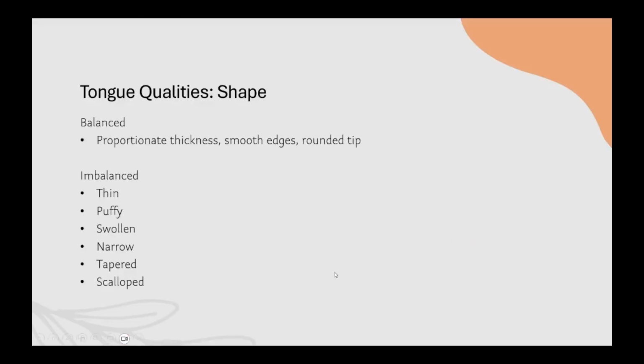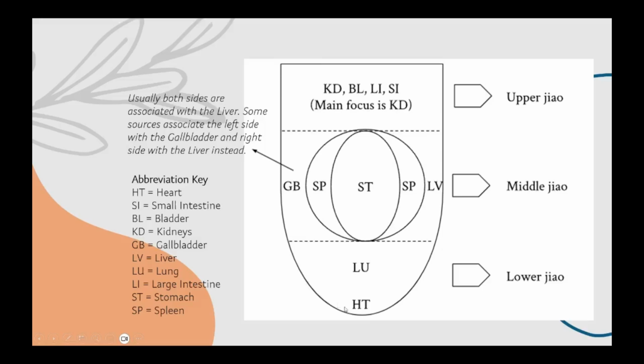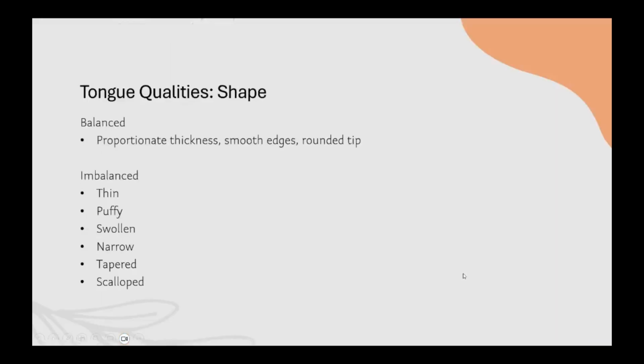A rounded tip, so looking at this tongue map again, a rounded tip, and a proportionate thickness. What that means is taking into account the size of the person. Are they someone of big stature? Is it a small child? Is it a smaller framed person?